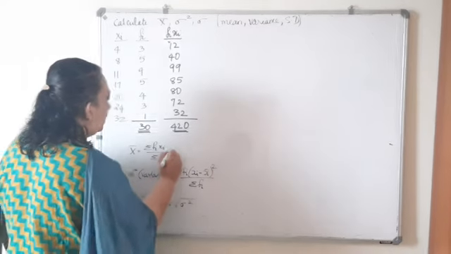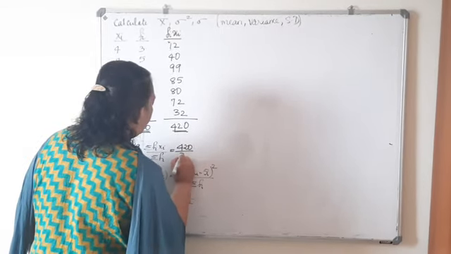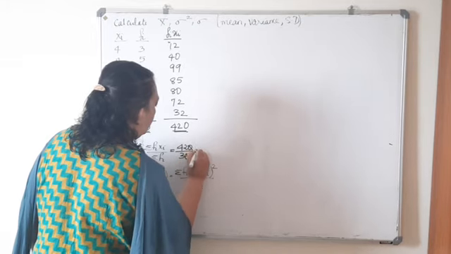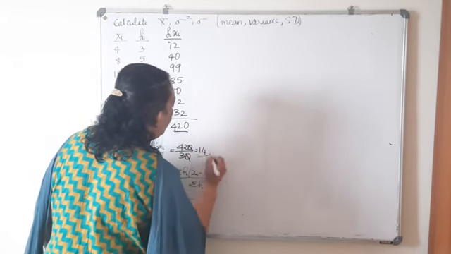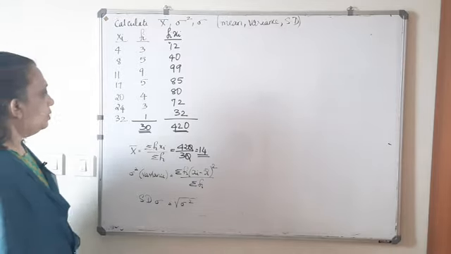So X bar is equal to 420 divided by 30, X bar is equal to 14. Here you should know that class intervals are not given, only the Xi values are given. So 14.